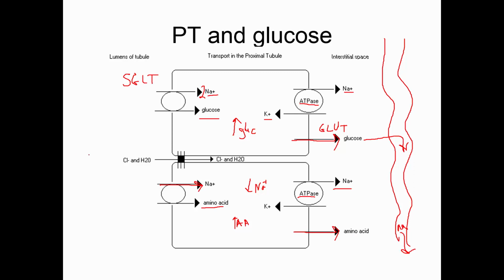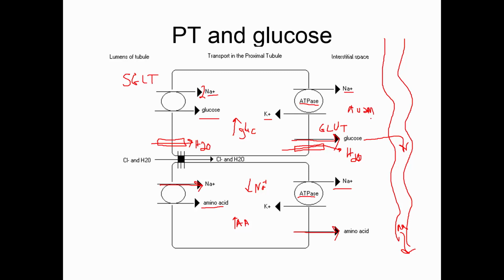So, what else is happening? Well, we have aquaporins that are going to allow us to bring in some water. Water is going to follow the sodium and glucose that's entering, and here's another aquaporin that will allow us to transport some water. Because as sodium and glucose are added, the osmolarity goes up, right?